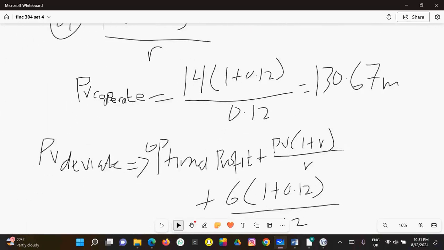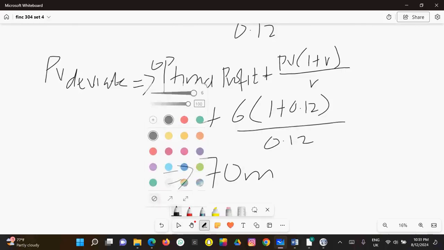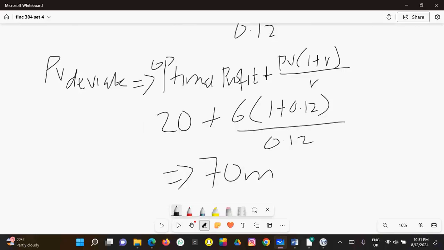So I'm supposed to bring 20. With that one, let me recalculate again. So it's 20 plus 0.72, so it's 76.